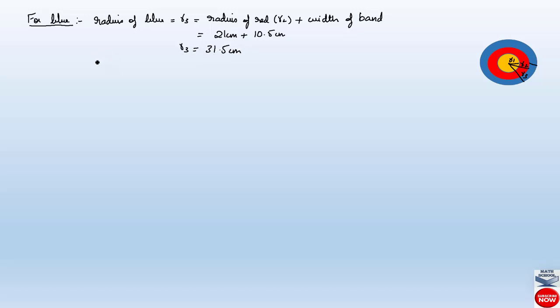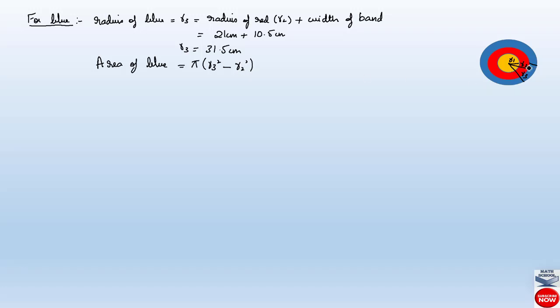Okay, so we got the radius R3. Now we can calculate the area of blue. This blue circle is the outer circle and we will take red as the inner circle. So that will be pi, the area of the larger circle, pi into the radius of the larger circle, R3 square, minus the radius of the inner circle, which we are taking as the red circle, so that will be R2 square.